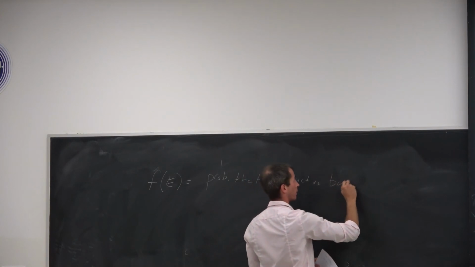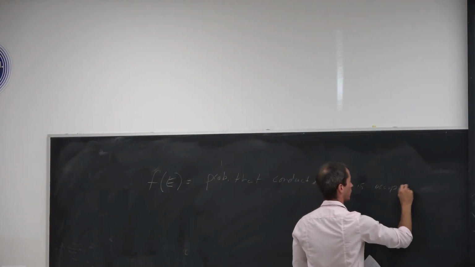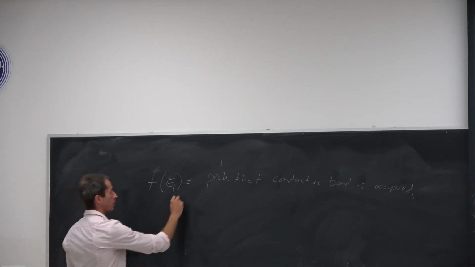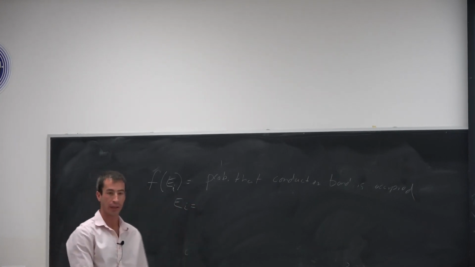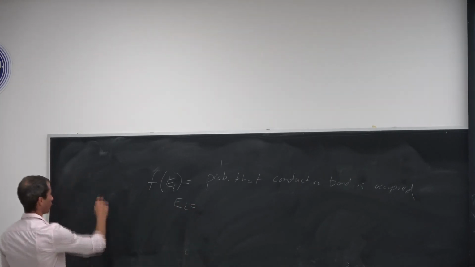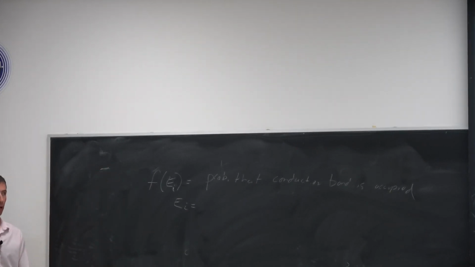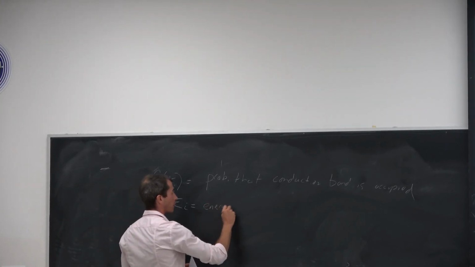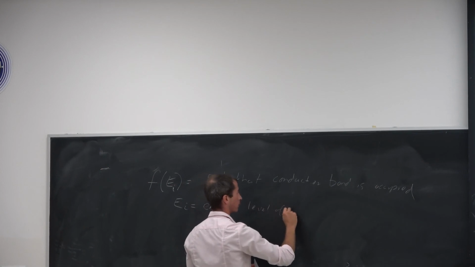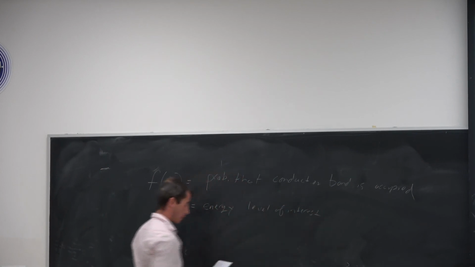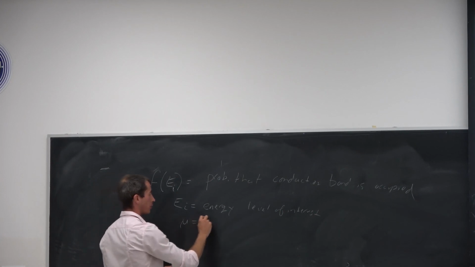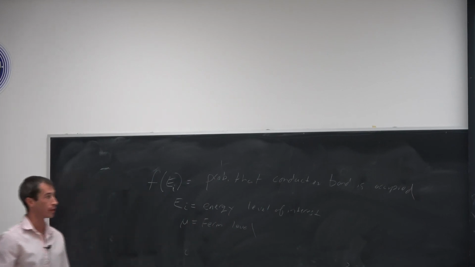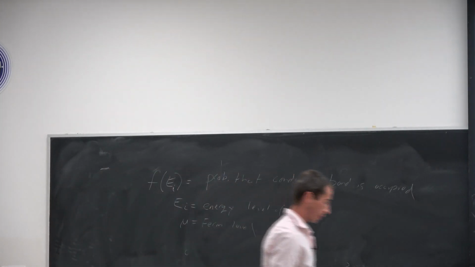E, you want to think about this as E sub i, because it's a function of the energy level that you're looking at. If you're looking at an E sub i that's really high, it probably has a really low probability. So that's the energy level of interest. That is your Fermi level. And then the Boltzmann constant and temperature.